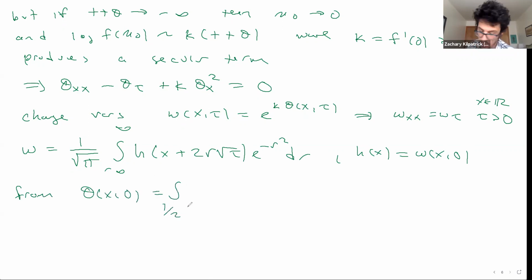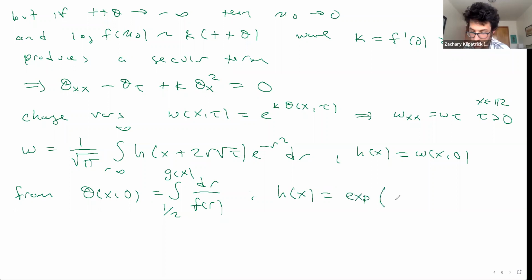It's going to be the integral from 1/2 to g of x of d of r over f of r. Theta of x0 is going to be that. And if we plug that into w of x0, then we get that h of x is equal to the exponential of the integral from 1/2 to g of x of d of r over f of r.